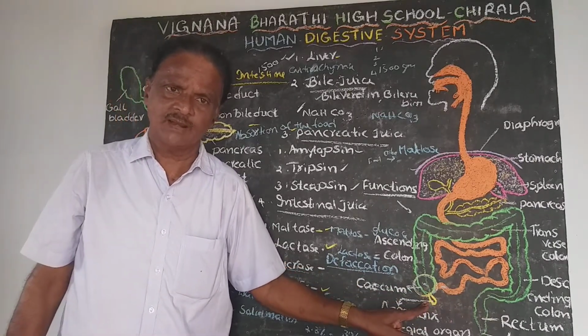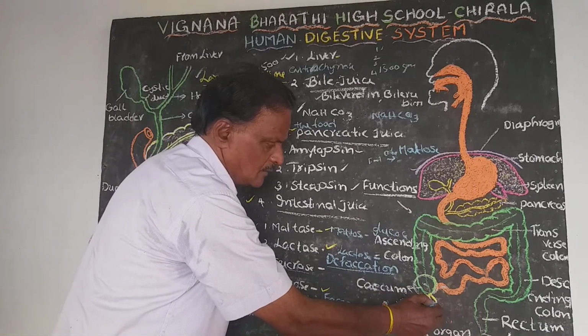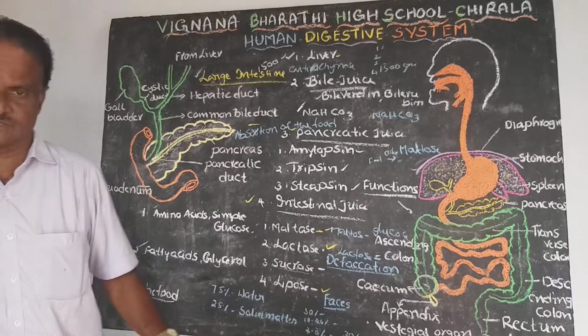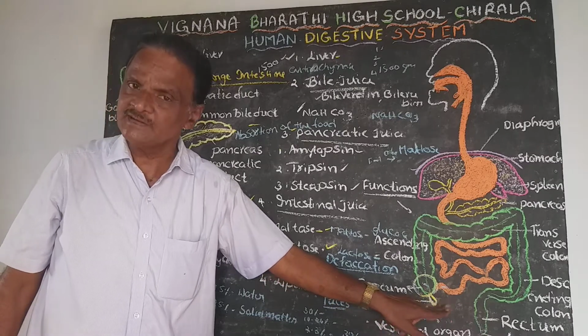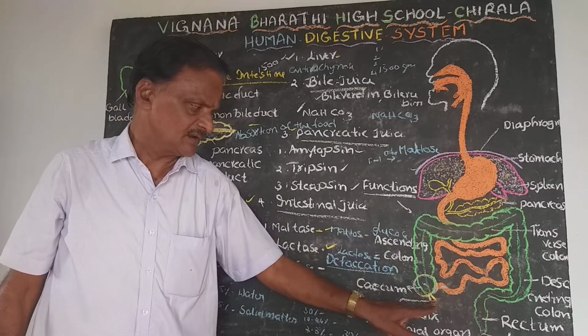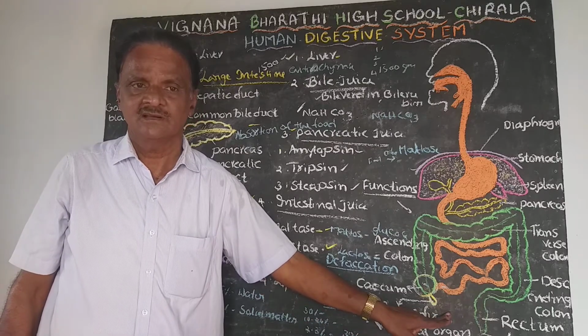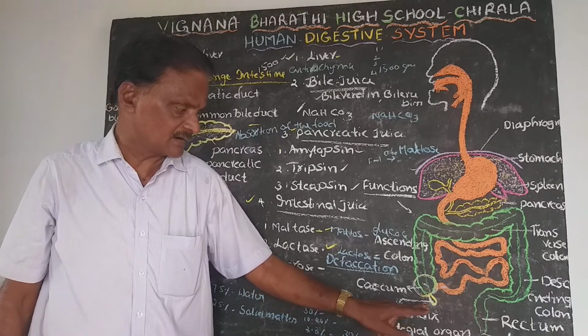From this blind pouch, a narrow worm-like tube called the appendix arises. When inflamed, it causes appendicitis. Today it is a vestigial or functionless organ.